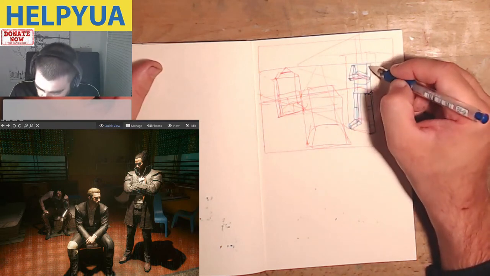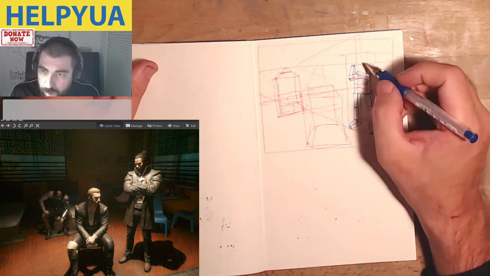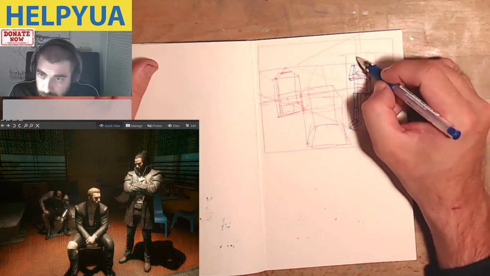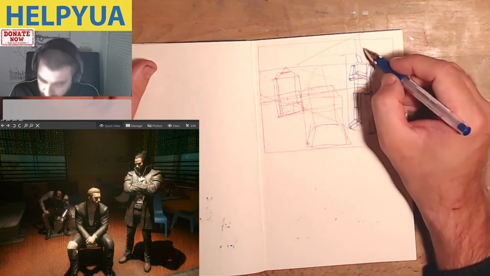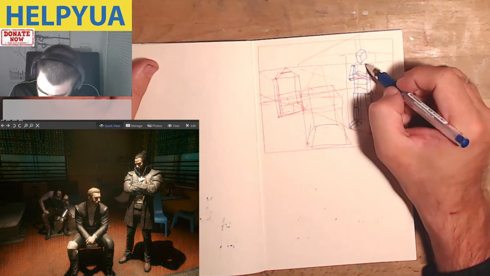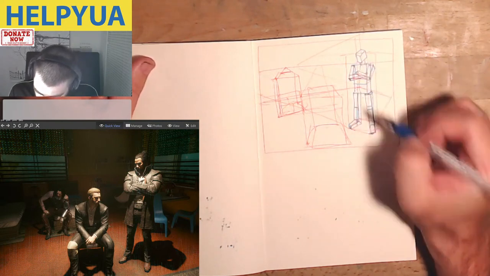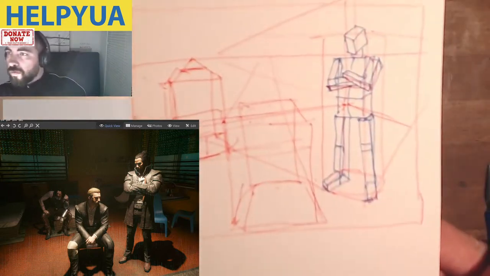They just merge into each other, but it's okay. And the box of his head is a little like this. See? So we have this kind of situation for him.